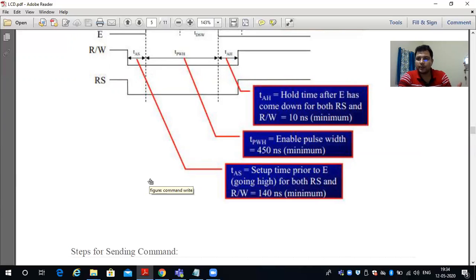Now while sending, any character needs to be encoded in 8 bits, but we can't send the 8 bits in parallel because there are only 4 data lines. At a time only 4 bits can be sent.